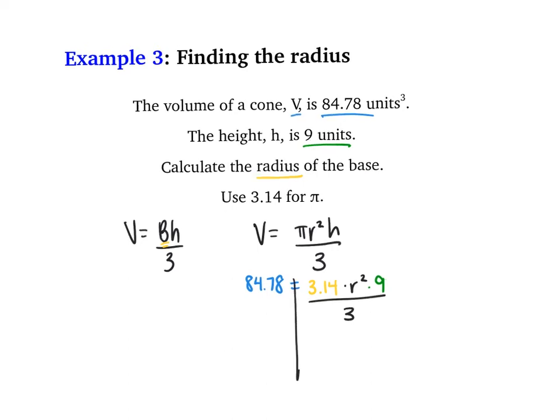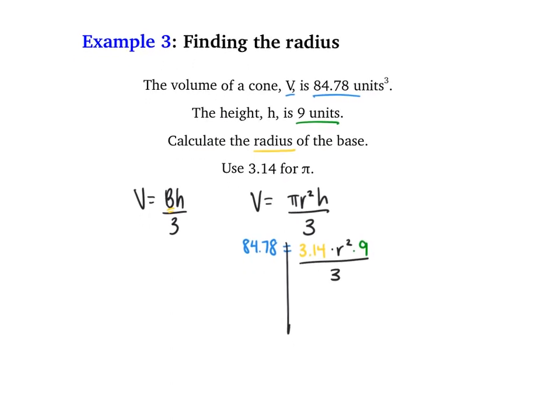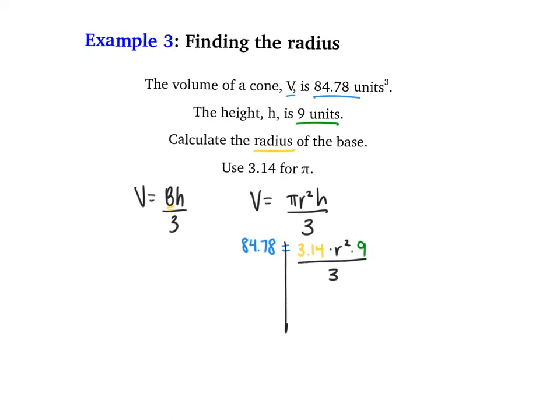So we need to start eventually working our way to get r by itself. Just like the past two problems, the first thing I'm going to do is multiply both sides by 3 to get that to go away. So 84.78 times 3 gets me 254.34.